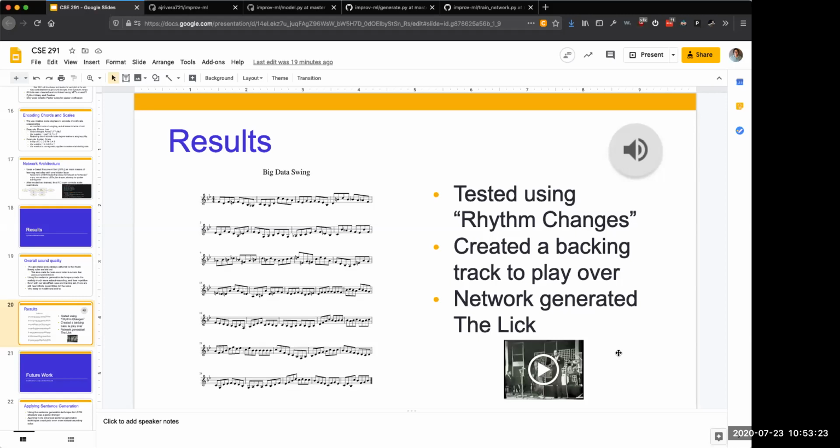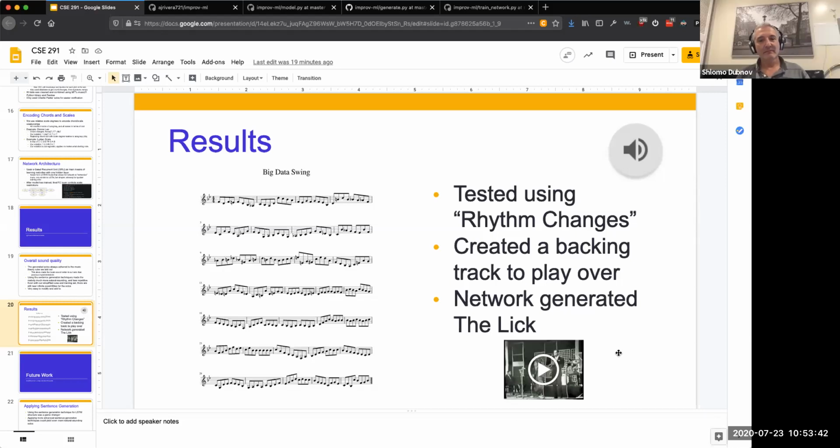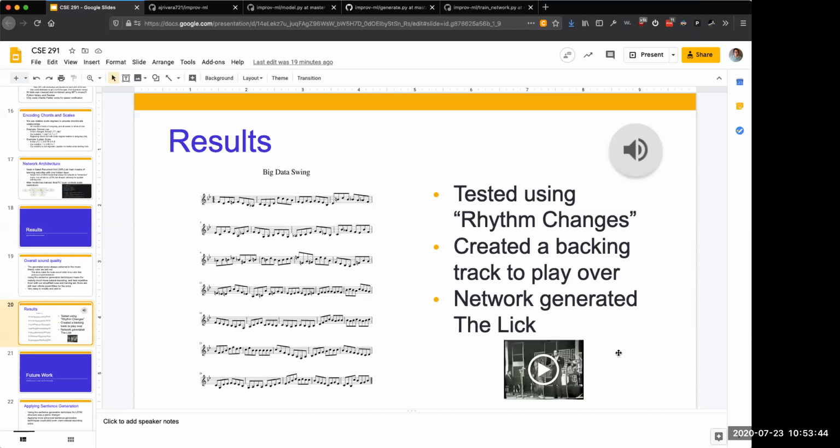He has a few solos where he plays over different variants of rhythm changes, and we had a version of the network that actually spit out the scales it used in each beat. Comparing that to the transcriptions of some of his solos, a lot of the same scales were being used, which we thought was pretty cool.